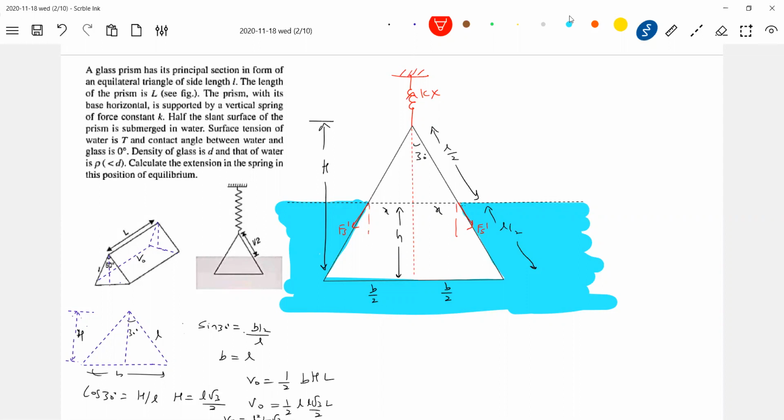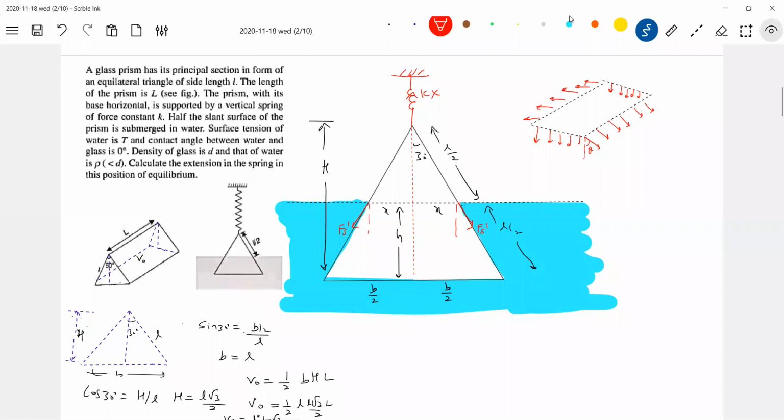So here, if you take that surface, the force due to surface tension will be acting like this. On the side faces, it will be in this direction, making an angle theta. Later on, I'll show the theta. I think you should have that imagination.